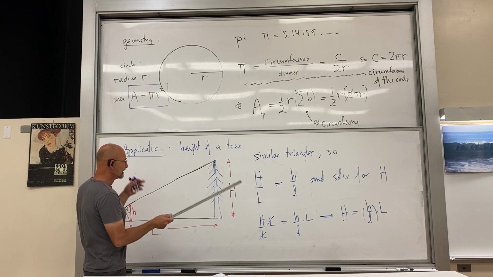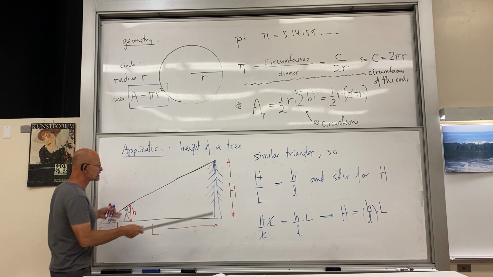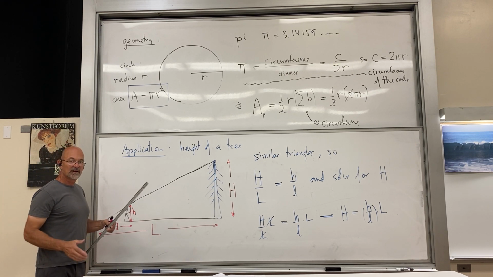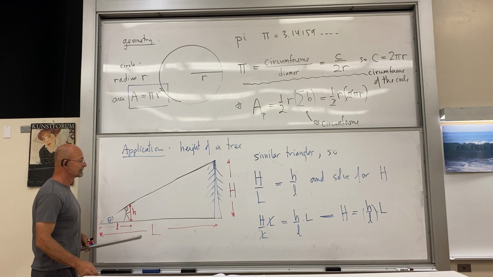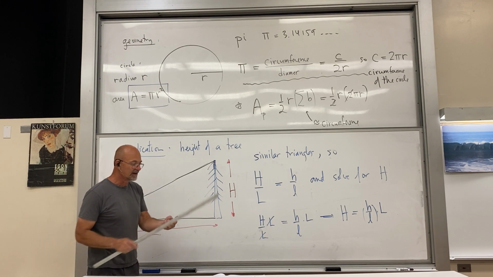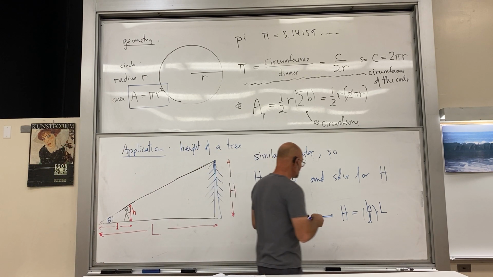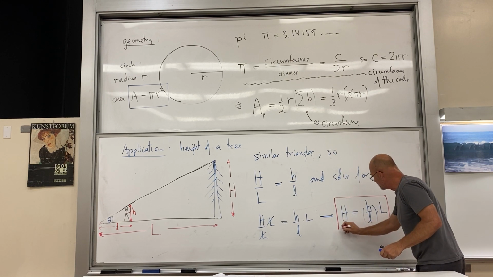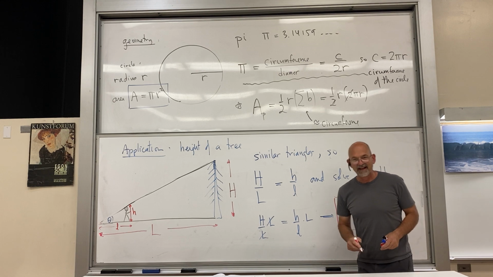You set up your measurement right. You can measure these distances with a ruler, with a tape measure. You can pace them off, and then your unknown height of the tree is obtained here. So this is the principle of surveying.